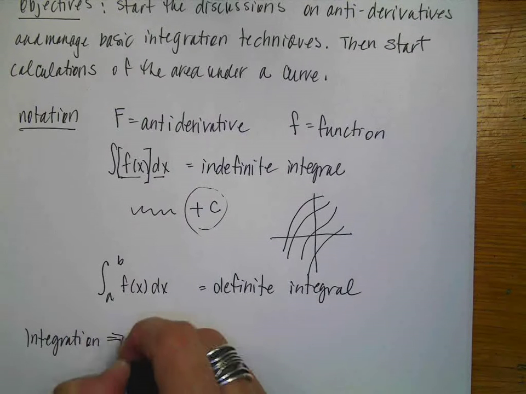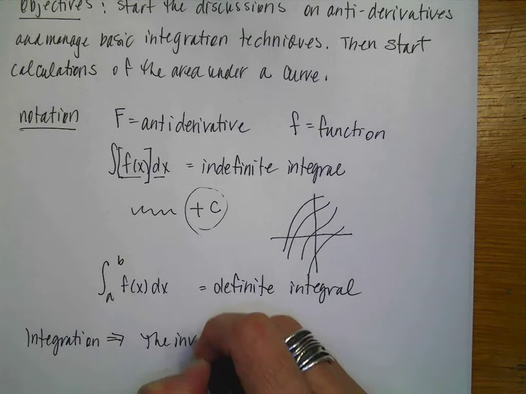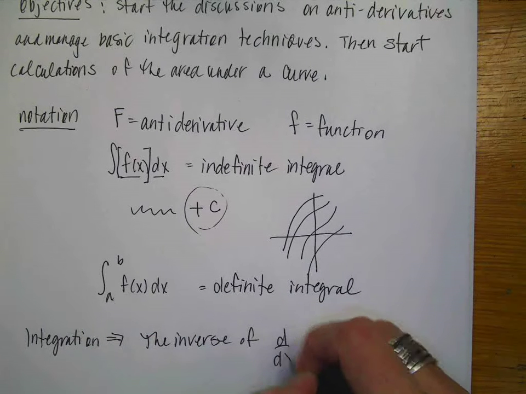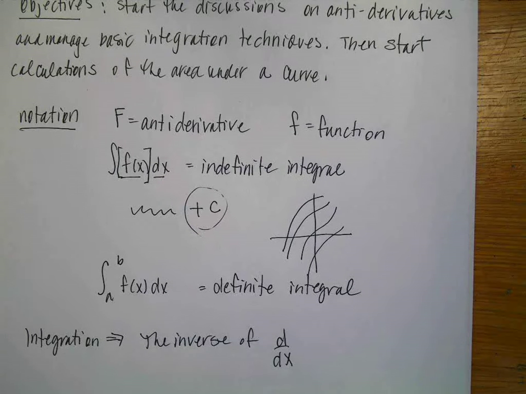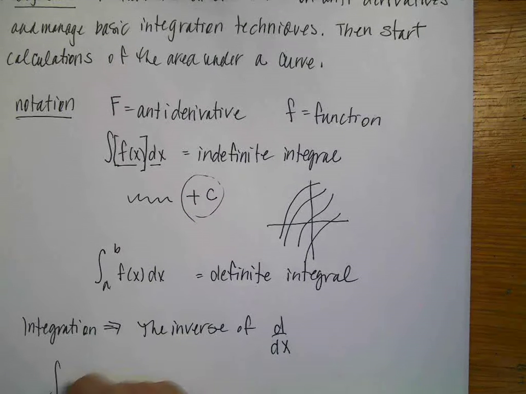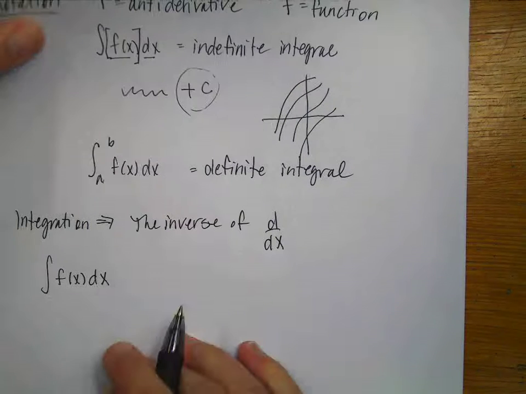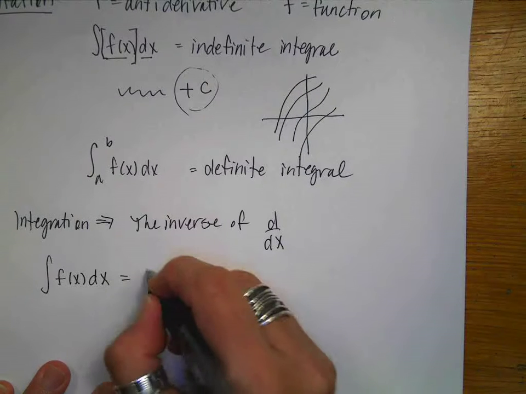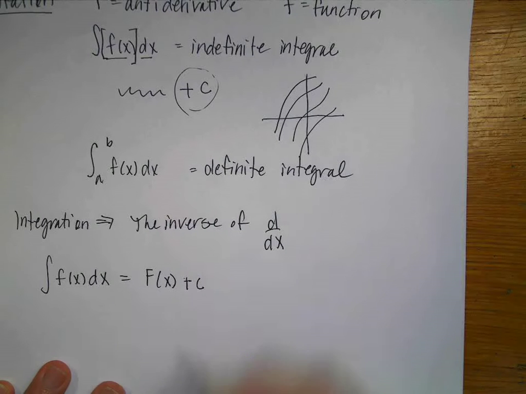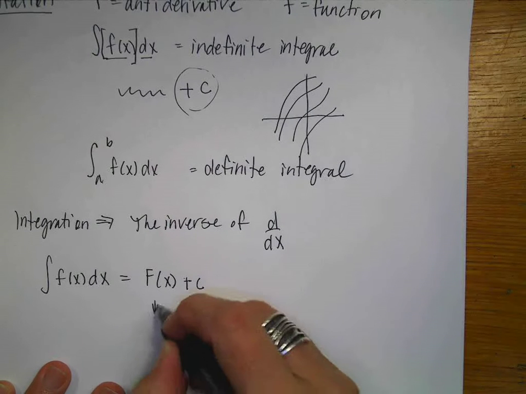So integration is the inverse of differentiation. If I have the integral of f of x dx, let me scoot my paper up so you can see, it is equal to F of x, notice it's a capital F, plus c, just some vocabulary.